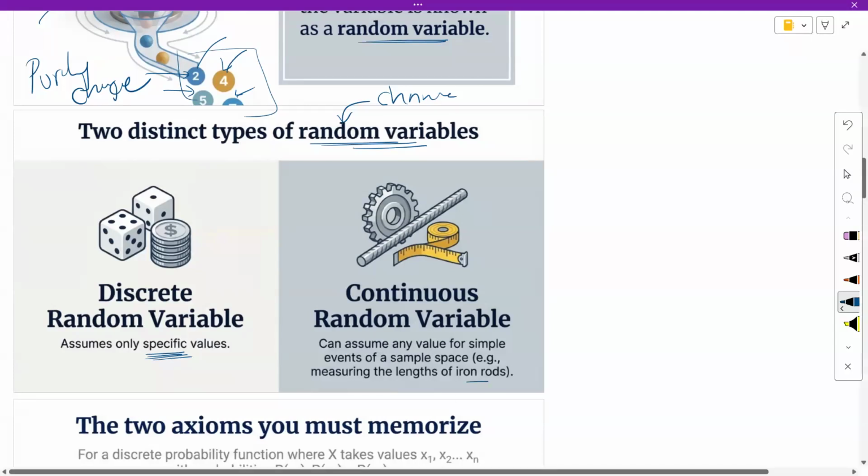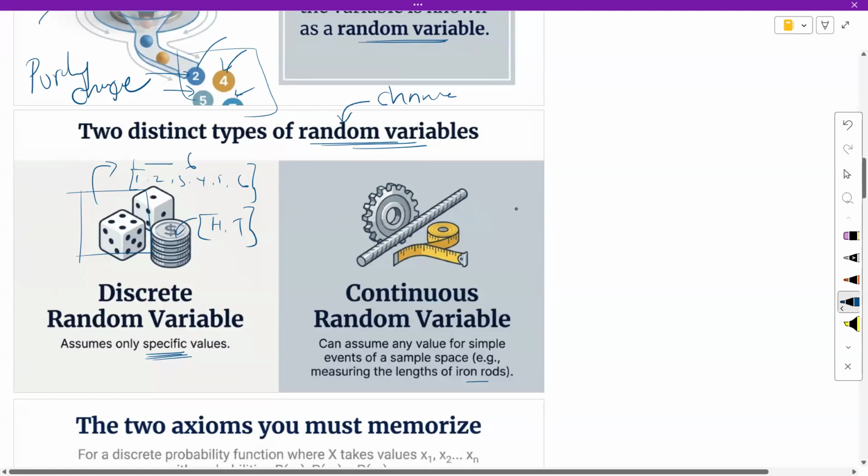To explain this, take this six-face dice. When we throw this, we can get specific values ranging from 1 to 6. When you toss a coin, you may get head or tail. These are specific values. Already we know what the possible outcomes are.